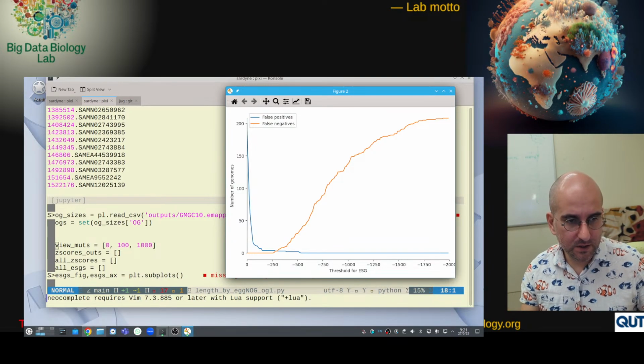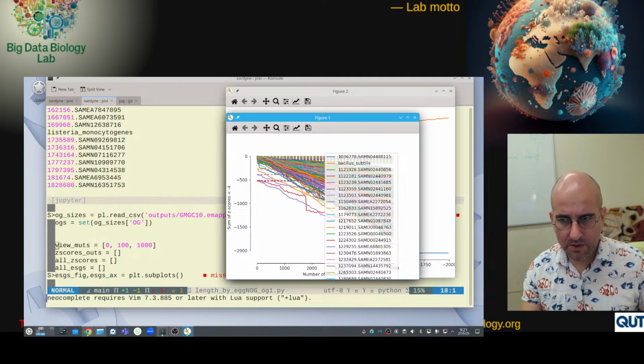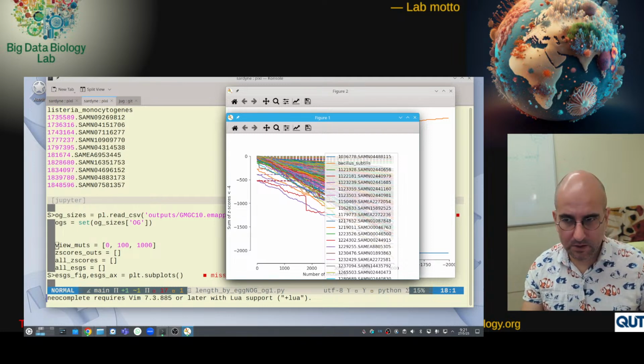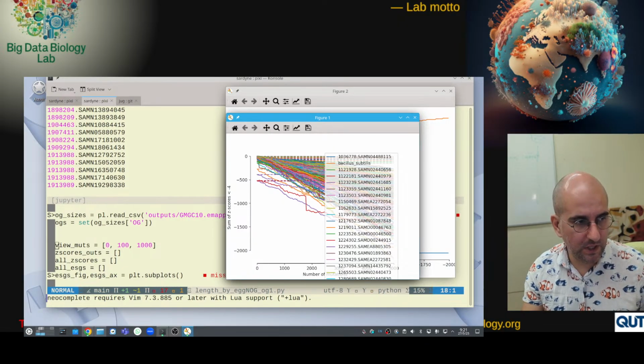But maybe what we should actually do is look at these. There's two organisms there. What are they? What's going on? So I think there's two ideas that we thought about exploring. One would be, instead of using all OGs, just focus on ones that are more stable.